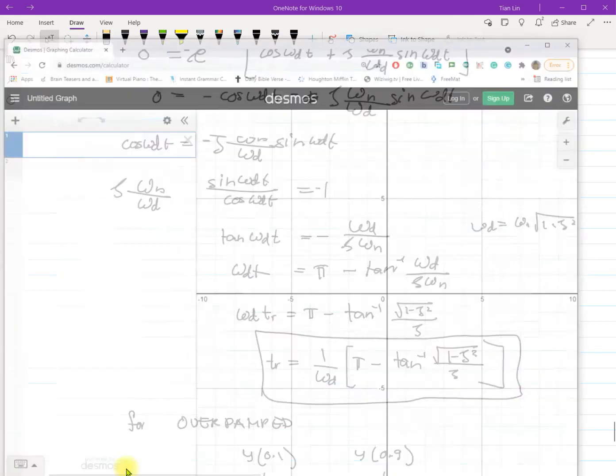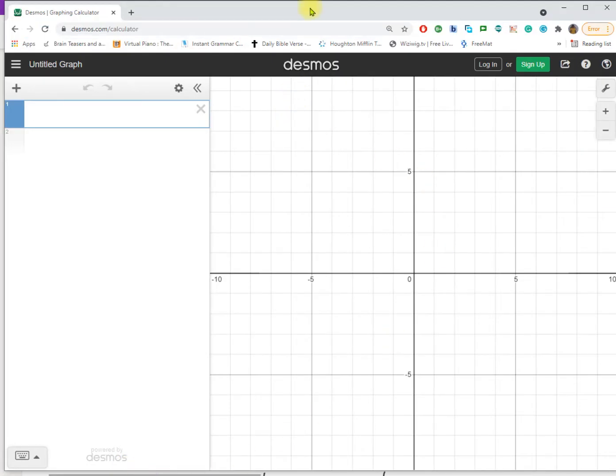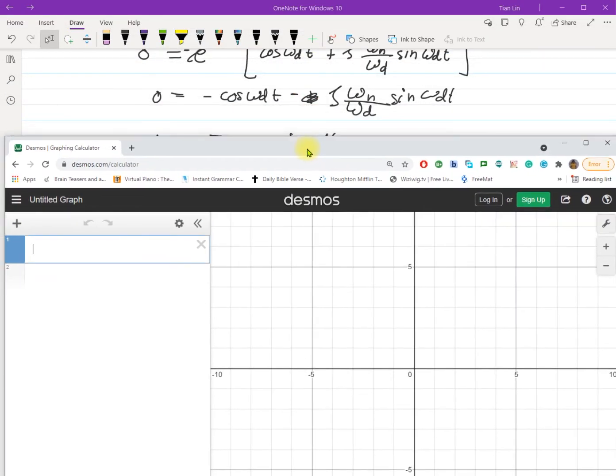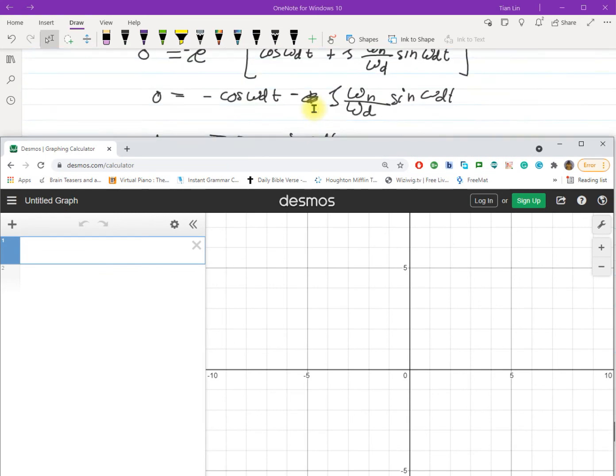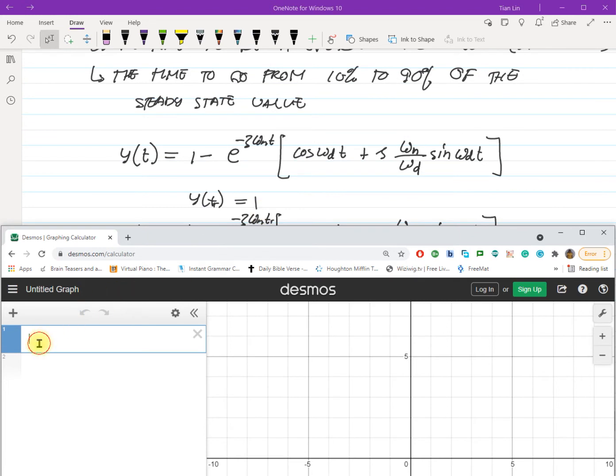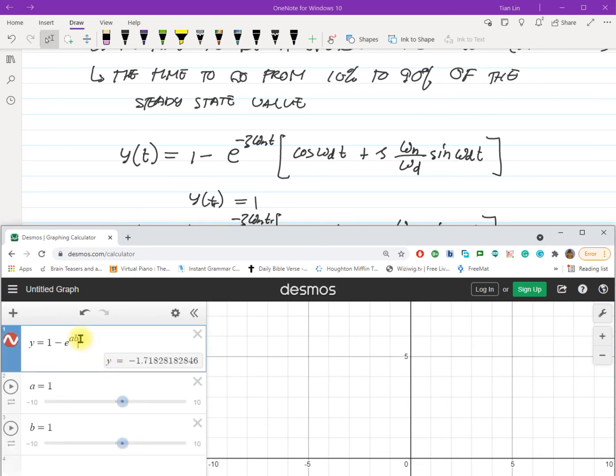So I just open Desmos here. Then we can type again our equation. So we will be doing underdamped. So where's that underdamped here? That's the one. Then this will be y equals 1 minus e raised to, let's say again, our damping ratio to be equal to a, and our omega n to be equal to b. Then add a slider.